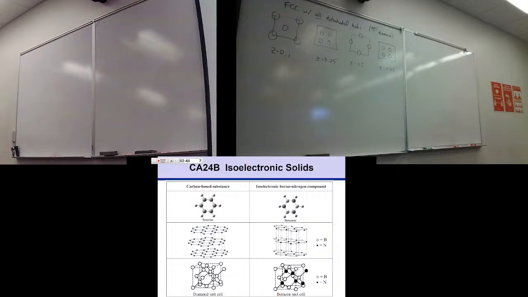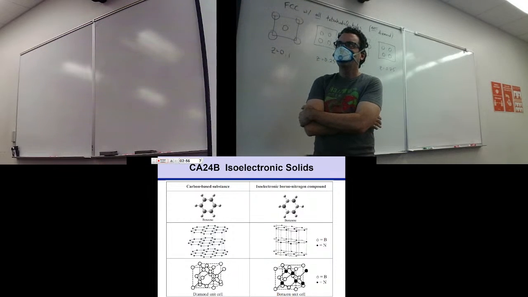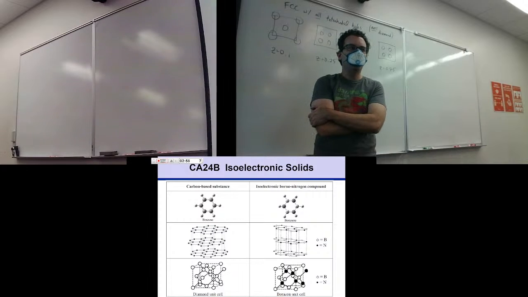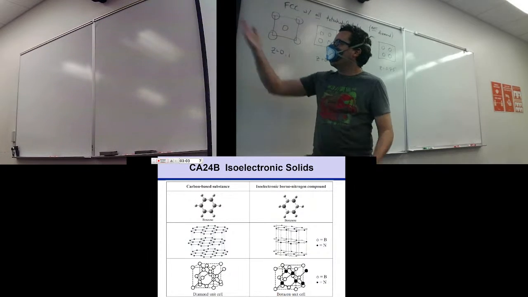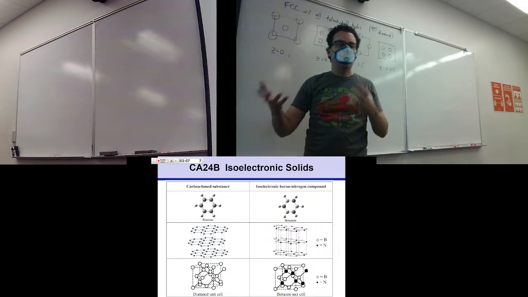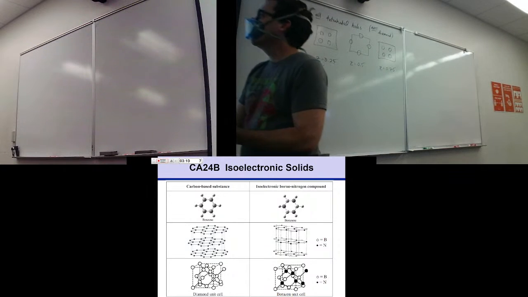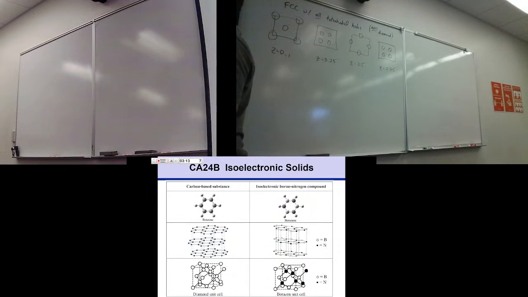So 3 borons, 3 times 3 is 9, and 3 nitrogens, 3 times 5 is 15. 9 and 15 is 24. Same number of electrons as the carbon ring. That is actually a real thing, borazine. And the way we thought about how this could exist is the concept of isoelectronic. 2 things being isoelectronic.